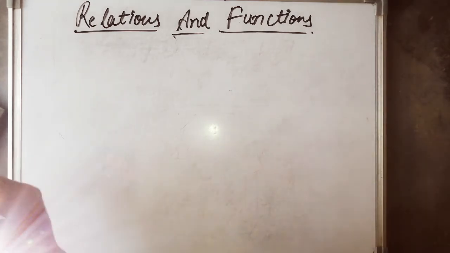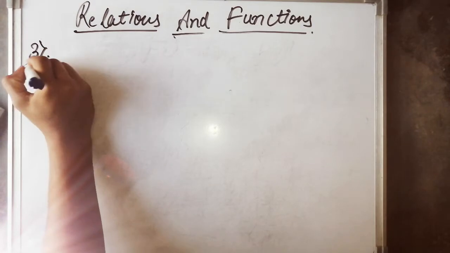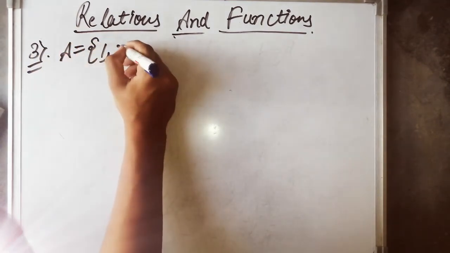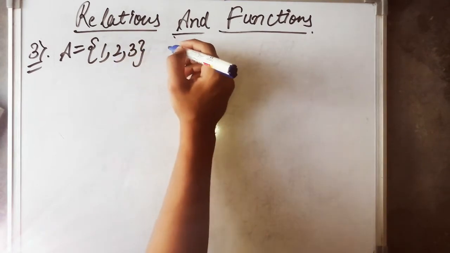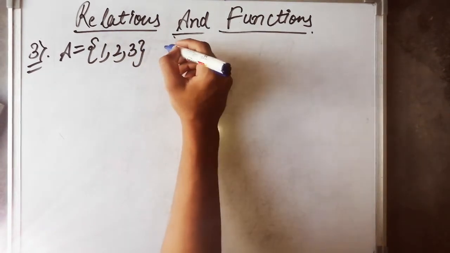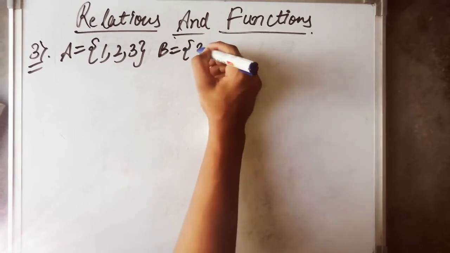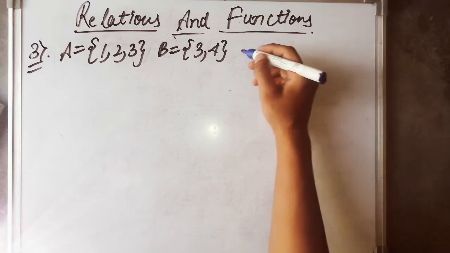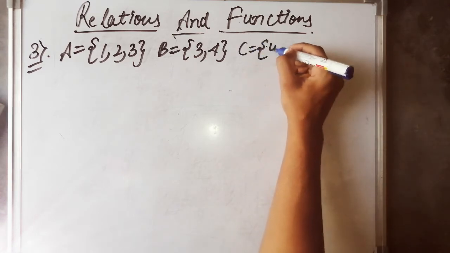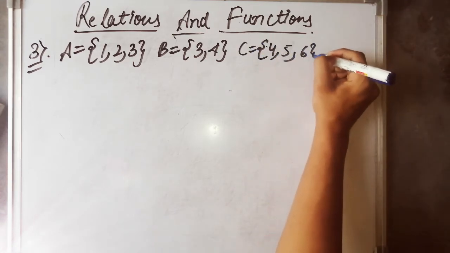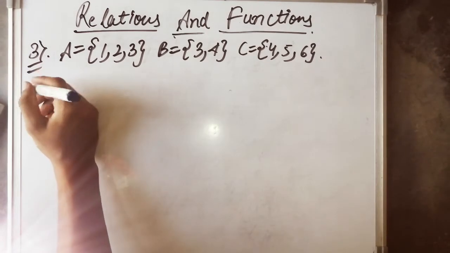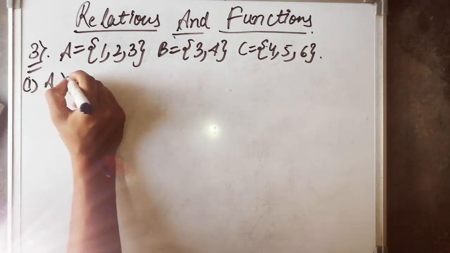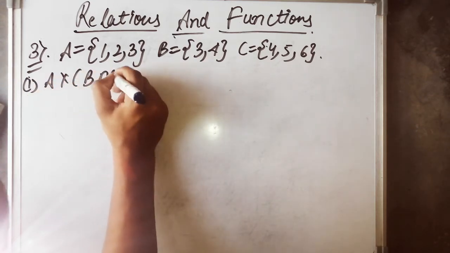Okay students, let's have a look at the third example, which is A equals {1, 2, 3}, B equals {3, 4} and C equals {4, 5, 6}. We need to find A cross (B intersection C).